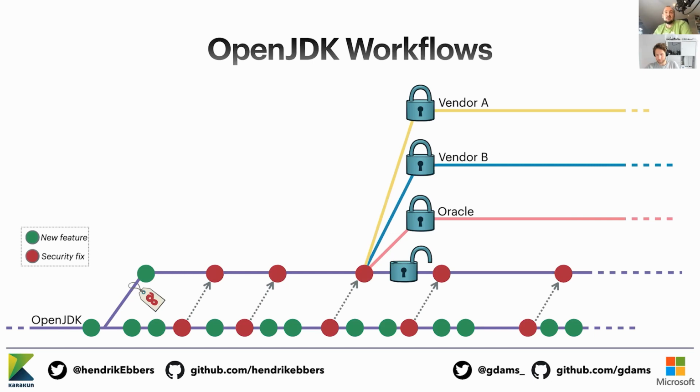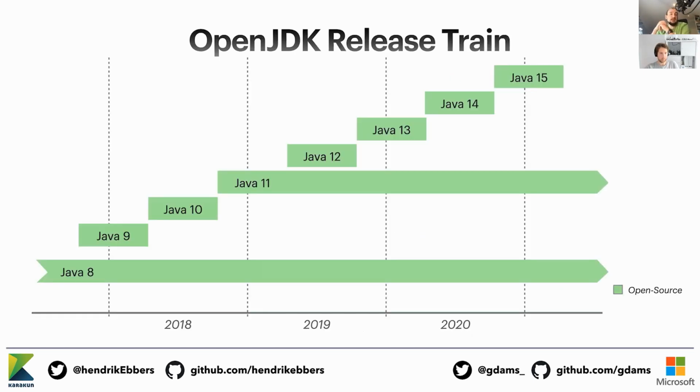So when we go back to the release train of Java, when having a look at the OpenJDK release train, you can see that this looks now much, much better than the one that we've seen earlier, because here everything is clean, everything is free, everything is open source. And this is a very important base for AdoptOpenJDK and what we are doing at AdoptOpenJDK, as George will show you later.